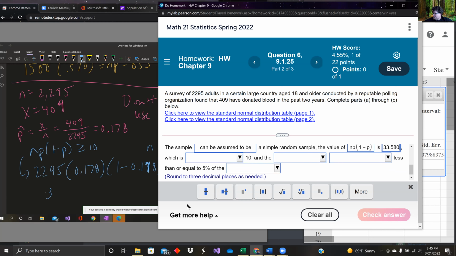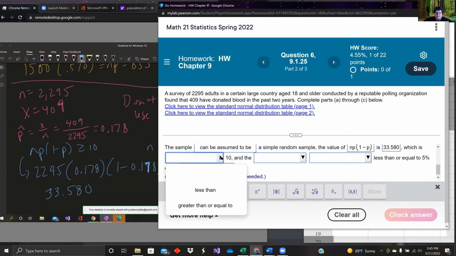Yes, there it is, which is greater than or equal to 10.